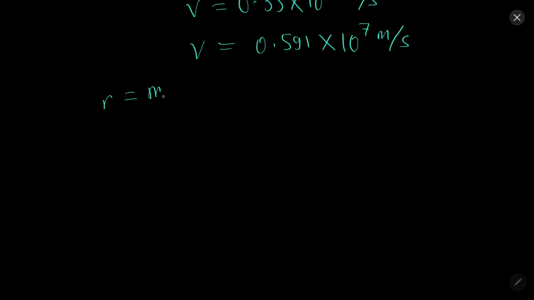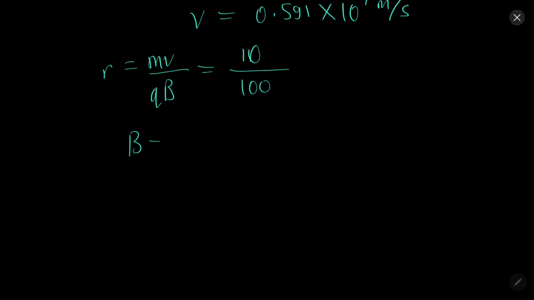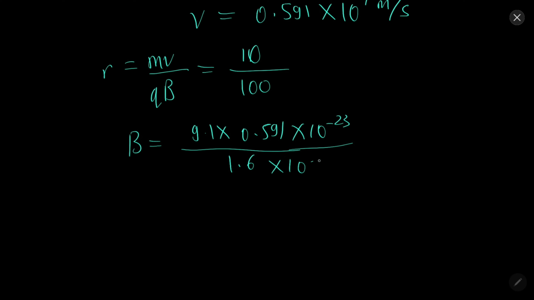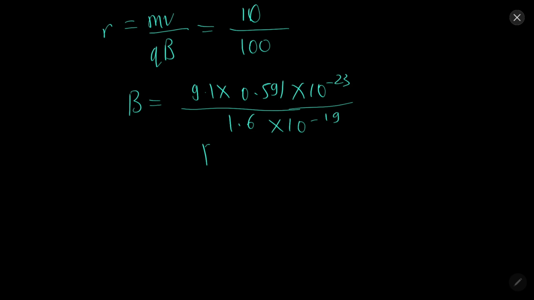Now R is mv by qB. When we put in all the values, we will obtain B as 9.1 into 10 to the power minus 31 into 0.591 over 1.6 into 10 to the power minus 19, so B will come out to be around 3.4 into 10 to the power minus 4 Tesla.